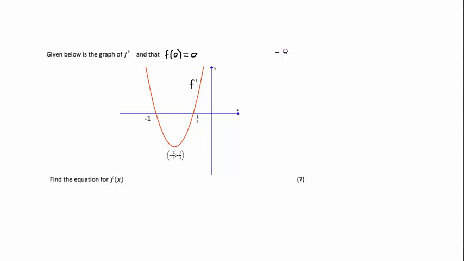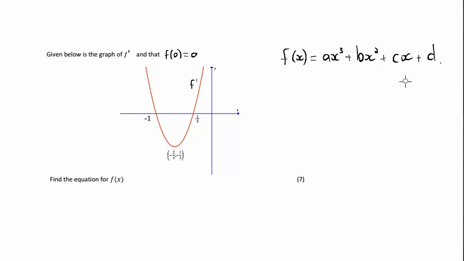So if this is the gradient, what is the standard form of the original? ax cubed plus bx squared plus cx plus d. They gave me the derivative, so I know that the original must be that.